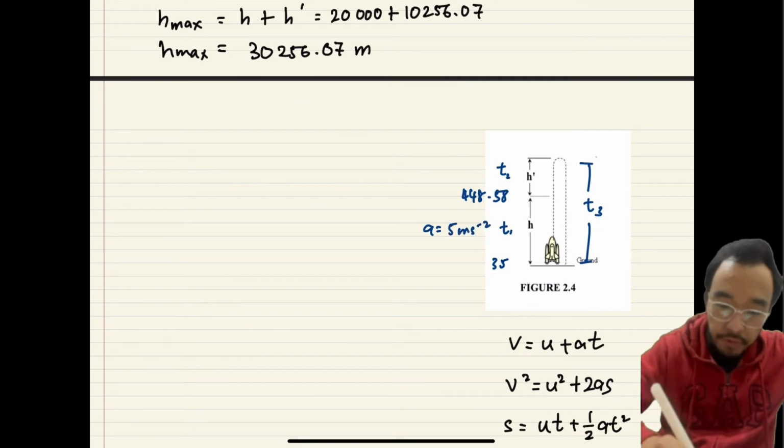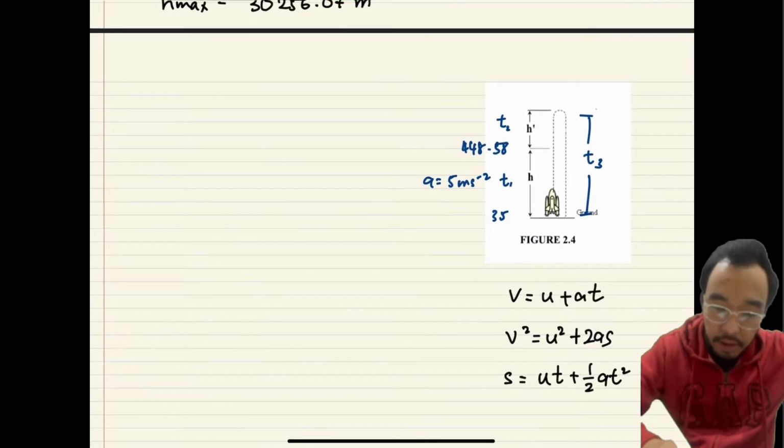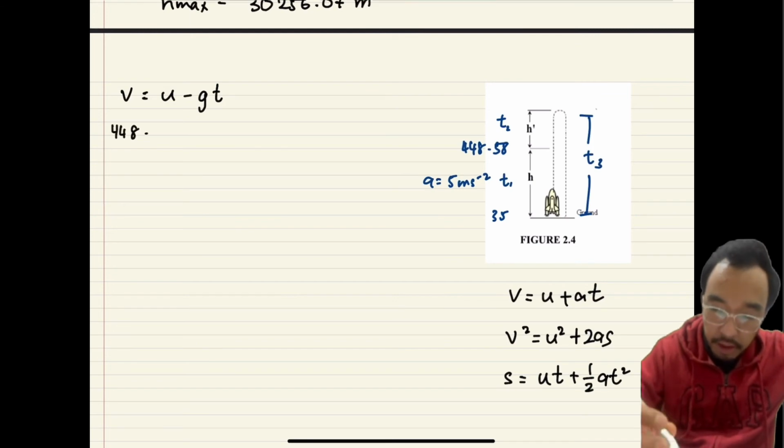5 meters per second squared. Since you want to find the time, you can use the first equation there, v = u + at. So v equals u minus gt, the final velocity is 448.58, u is equal to 35 minus 9.81.